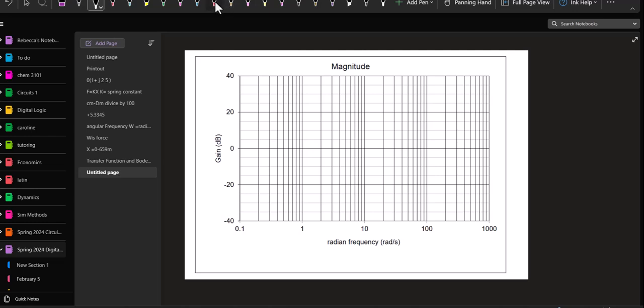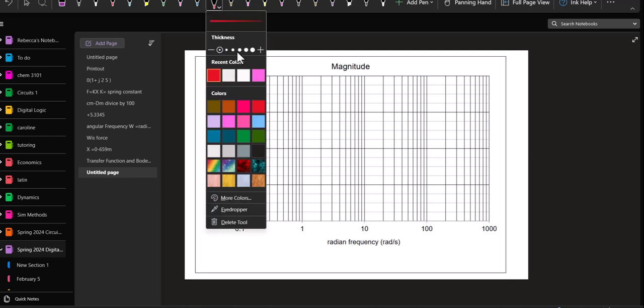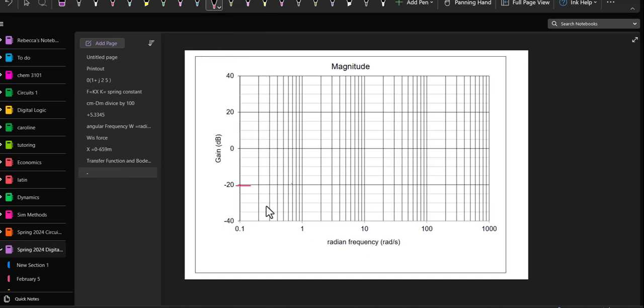So our constant term was -40. Make that a little thicker. And then we had a zero through the origin, so that goes through 1, and it was order 2, so it has a slope of 40.